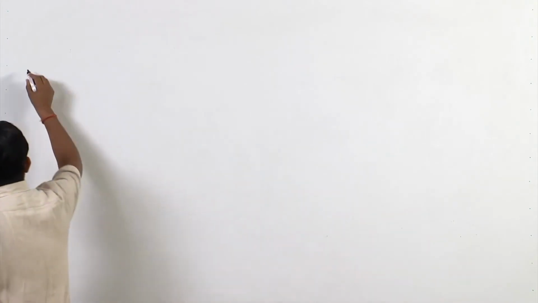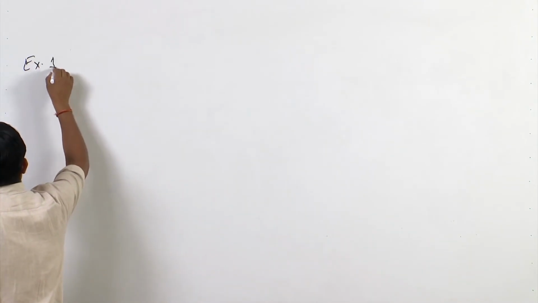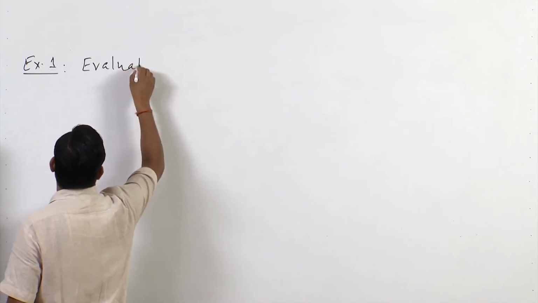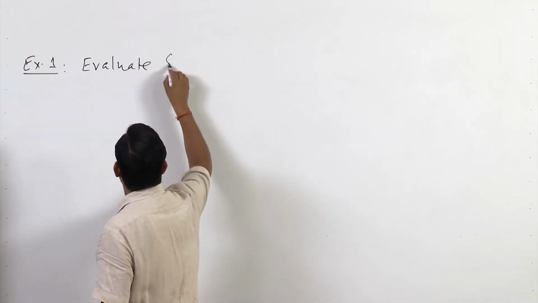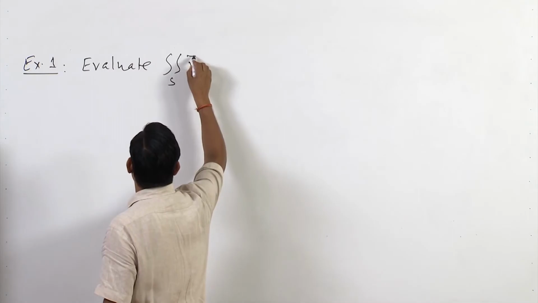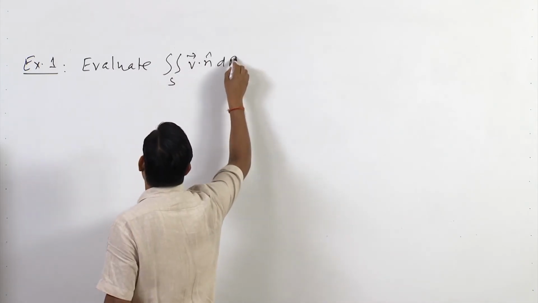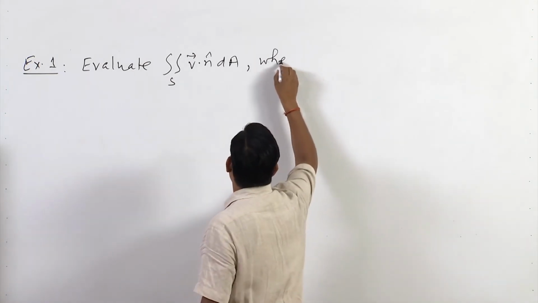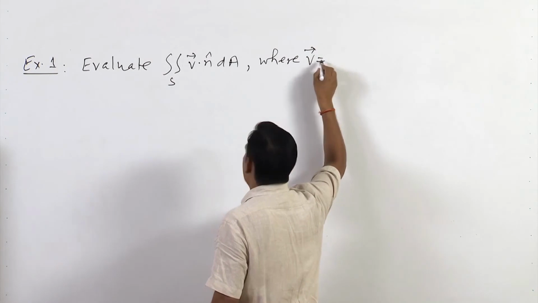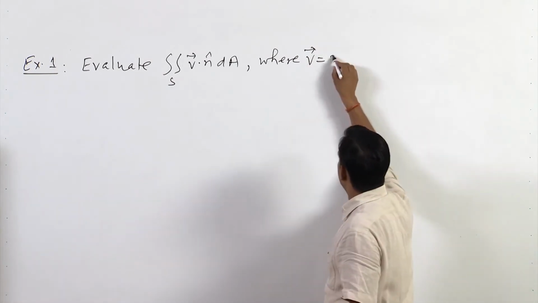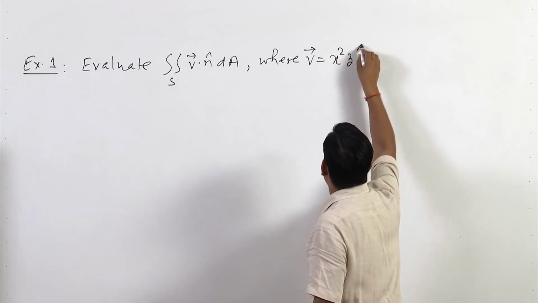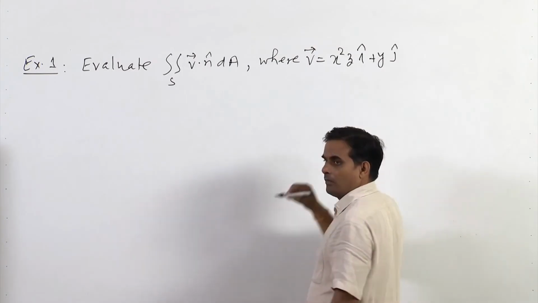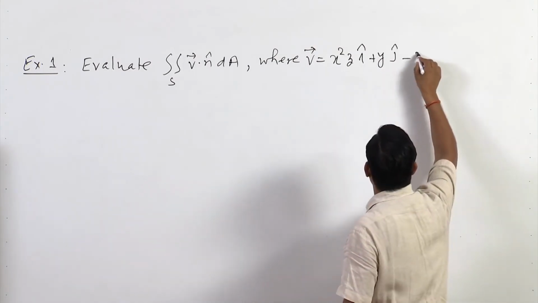My first example is: evaluate the surface integral of V dot n dA, where V is given by the vector function x squared z i plus y j minus x z squared k.